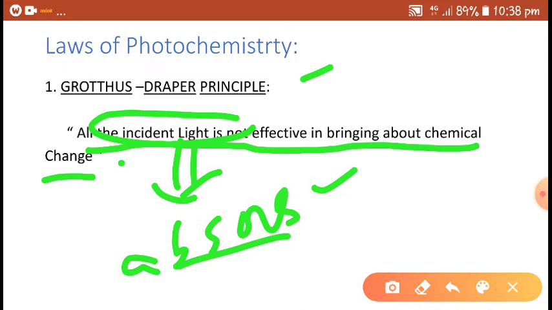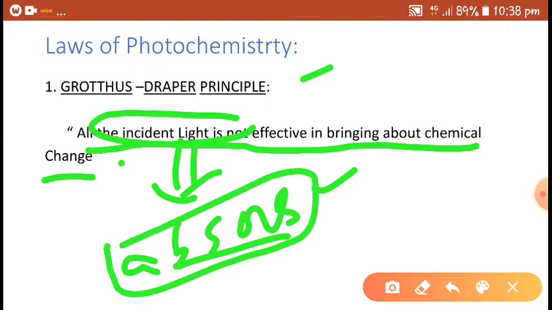That absorbed light can bring the chemical change. That is the implication of the Grotthus-Draper principle.